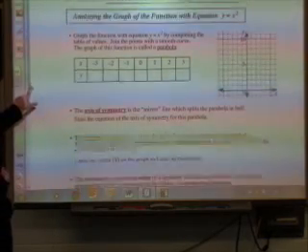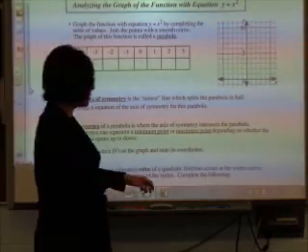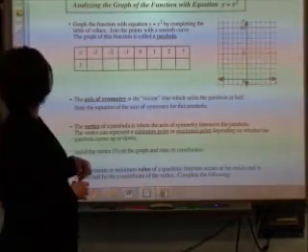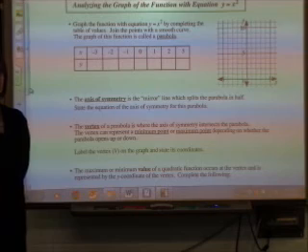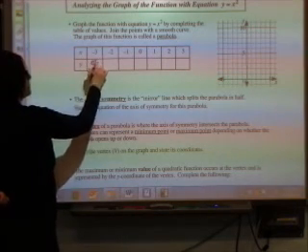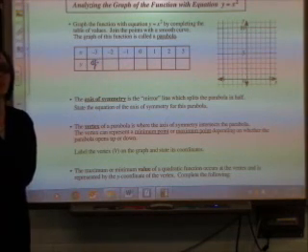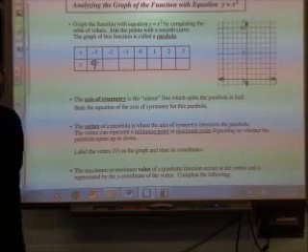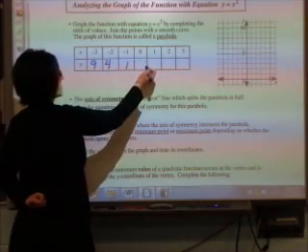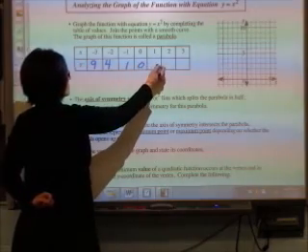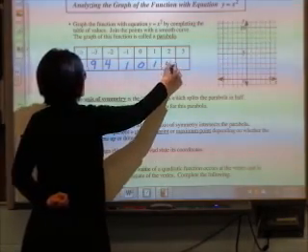So if we start off with the equation y equals x squared. If x equals negative 3, what would y equal? If x equals negative 2, 4. Negative 1? 1. 0? 0. 1. 4. 9.